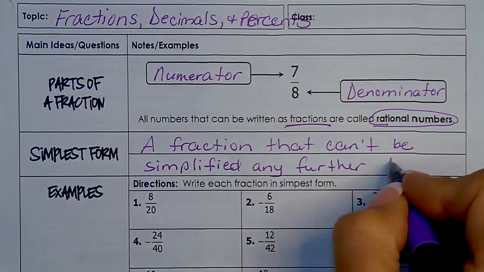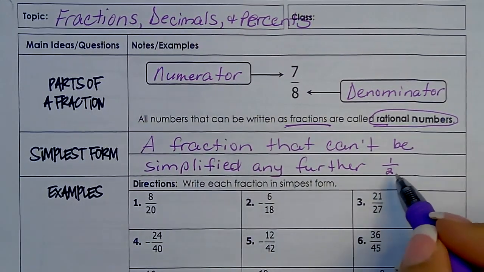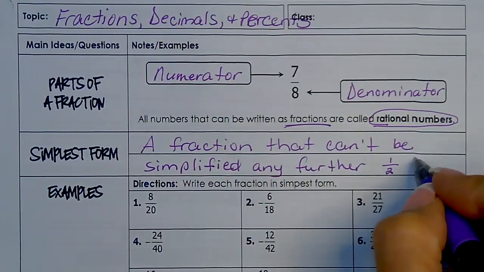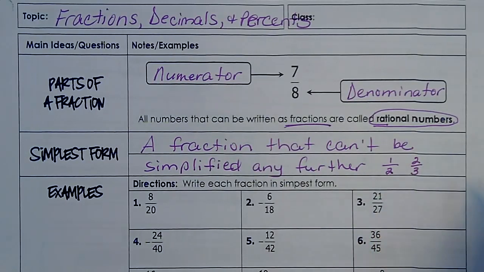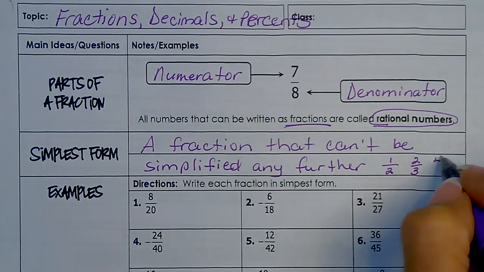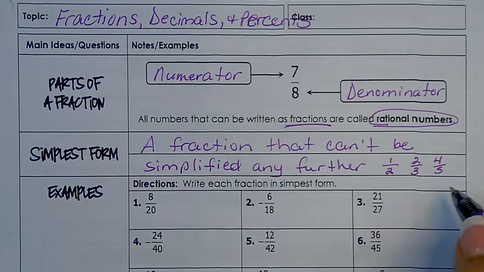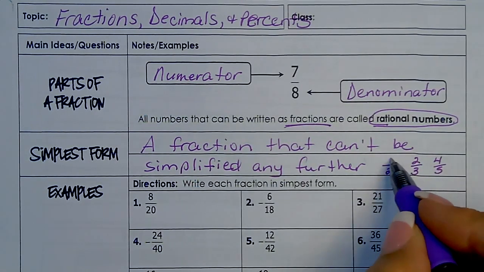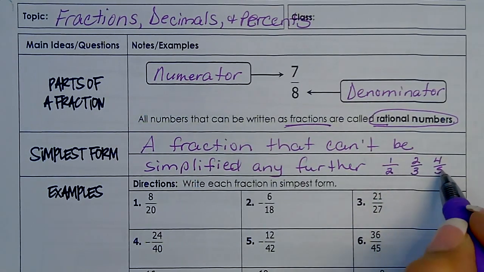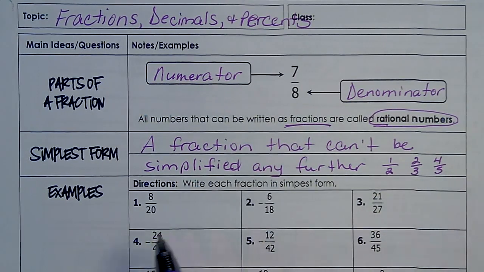So an example, 1/2. Another example, 2/3. Another example, 4/5. These don't have any common factor besides 1. So they are in simplest form.